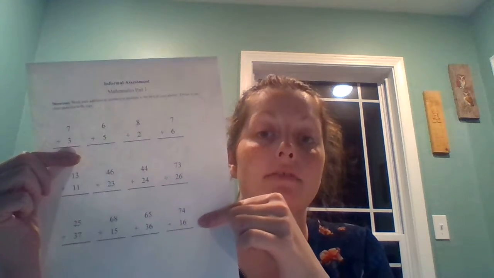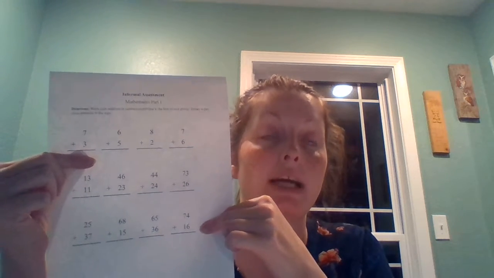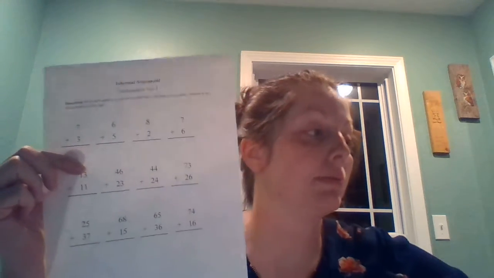So we have just basic addition, single digit plus single digit. And then we have some double digit addition, no regrouping. We have 4 of those. And then we have some double digit addition with regrouping. I made this a 2-page test because we also have subtraction that I'm doing with this.